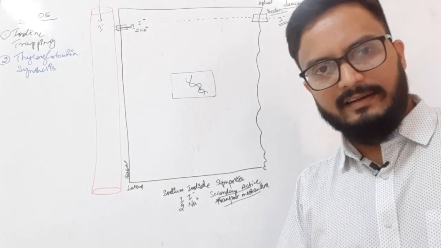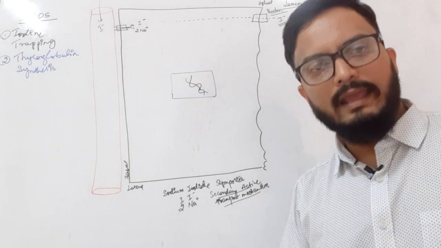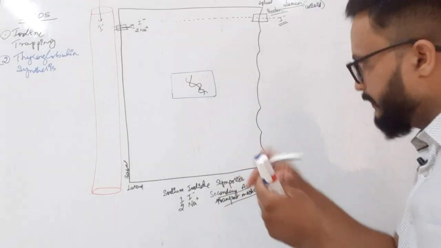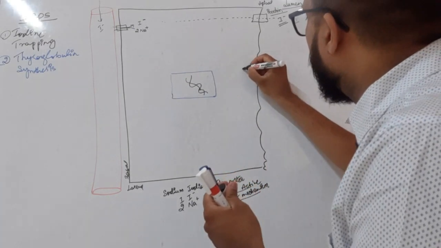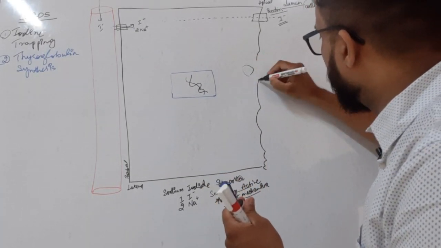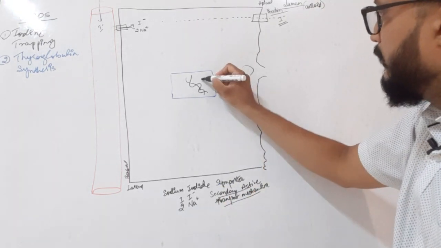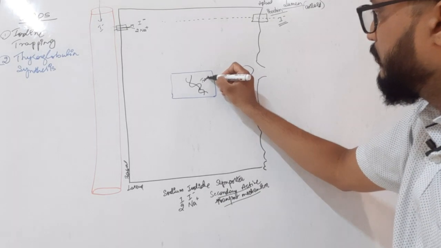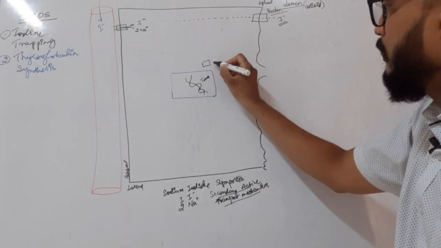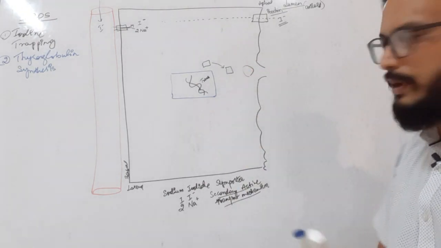The glycosylation occurs in the endoplasmic reticulum. It goes to the Golgi complex where it will be packed, and after production it will be exocytosed out to the lumen. So there will be transcription, translation, then it goes to the endoplasmic reticulum, glycosylated, then it is a glycoprotein.